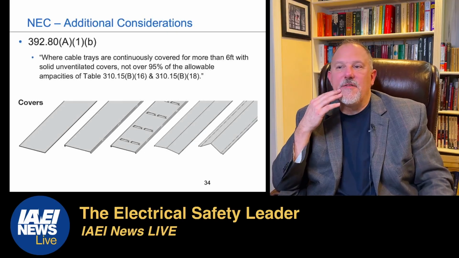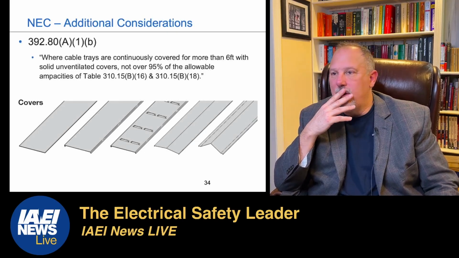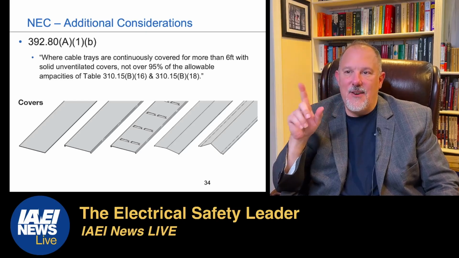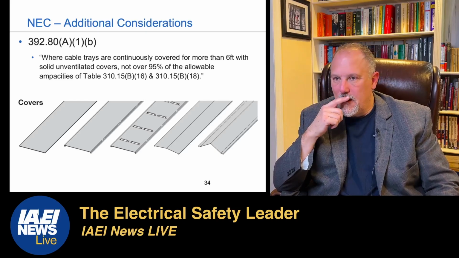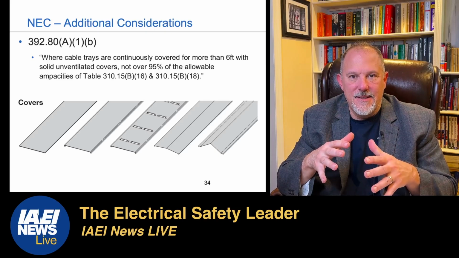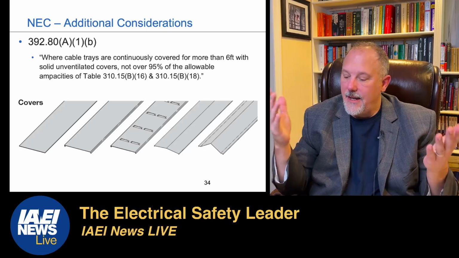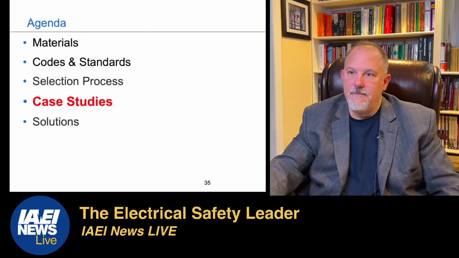Where you have continuous cover for more than 6 feet, not over 95% of the allowable ampacities are permitted. Remember, I'm keeping in heat. The moment I throw a cover on there, I'm retaining the heat, and heat matters.